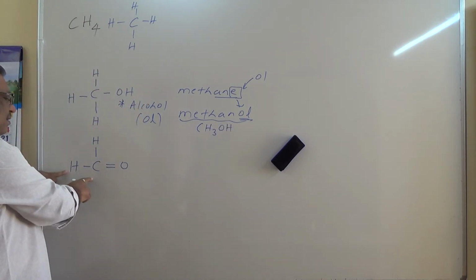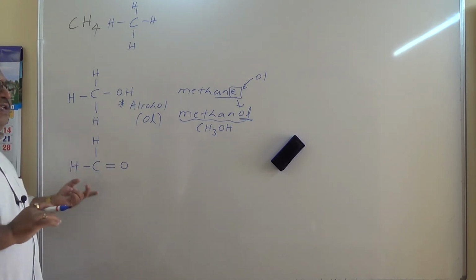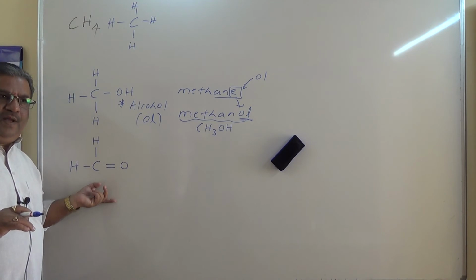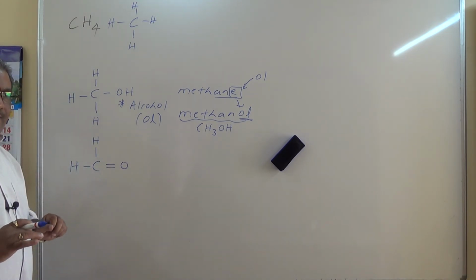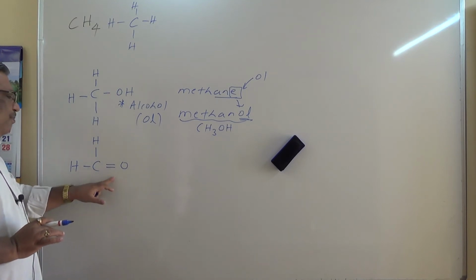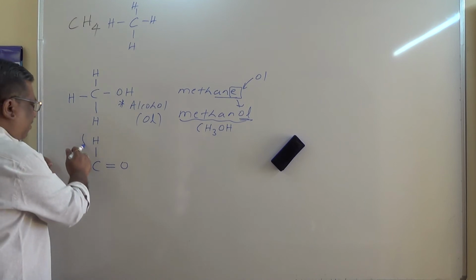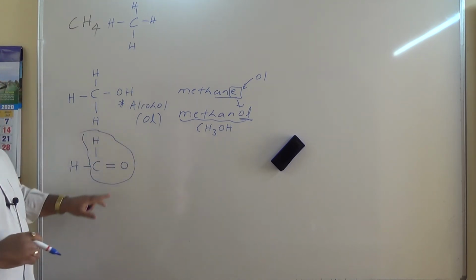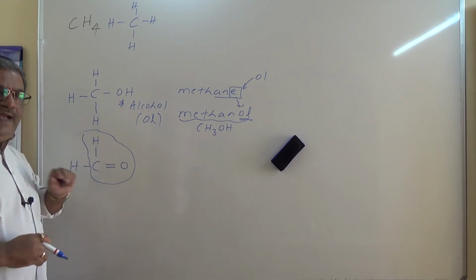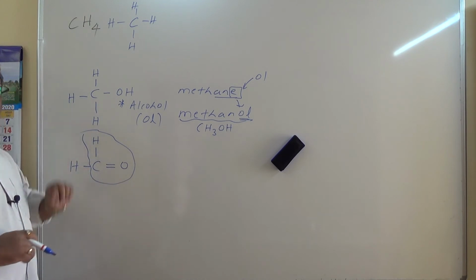For this 1, 2, 3, 4 valency matched. What is the functional group over here? I cannot read C double bond O as a ketone here, not possible, because C double bond O is present at the end of the chain, and therefore I have to read this completely. In this case it is CH group, and therefore this is aldehyde group. Valency matched, perfectly matched. So aldehyde group is attached.